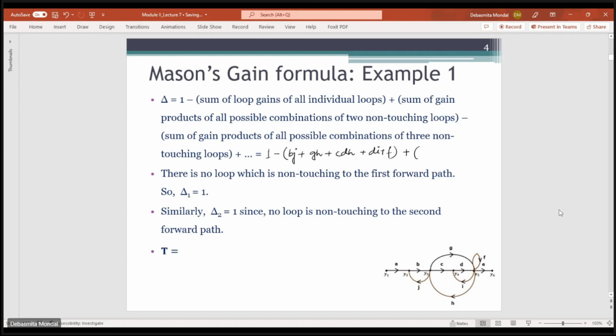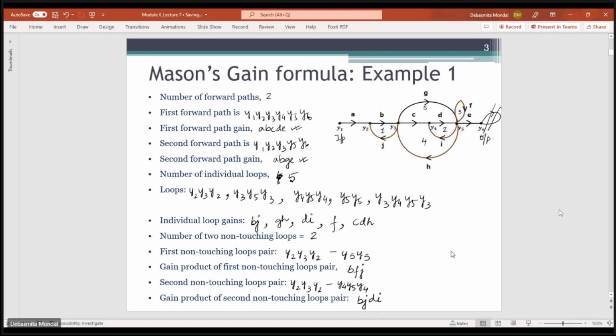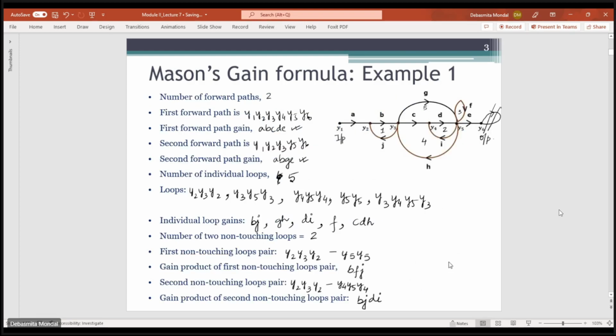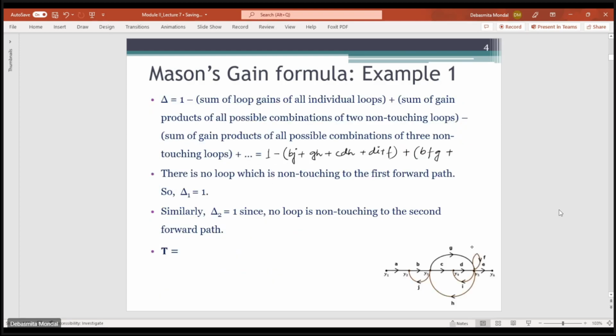The two non-touching loop pairs were BFG and BJDI. So this will be BFG plus BFJ plus BJDI. Okay, so the value of delta we have found out.